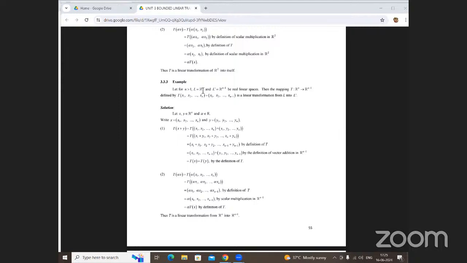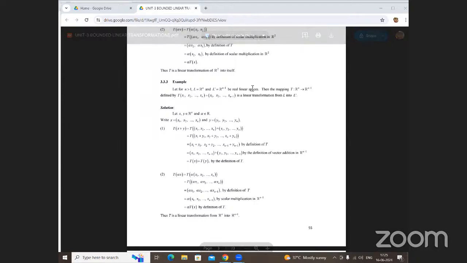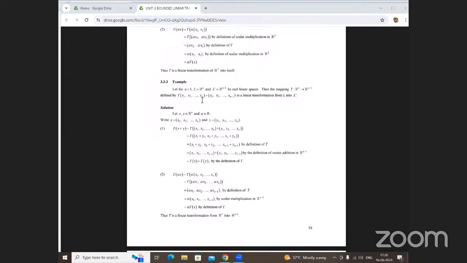So the mapping goes from R power n to R power n minus 1, one of the linear mappings. The domain is n-dimensional, taking x1, x2, and so on up to xn, and the codomain is R power n minus 1, whose elements are denoted by x1, and so on up to xn minus 1.